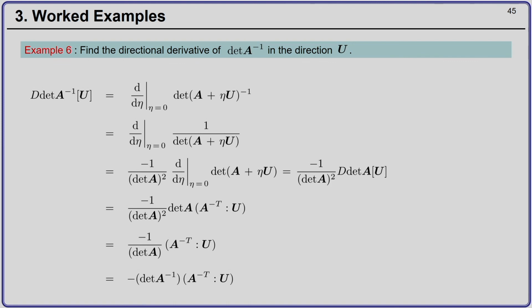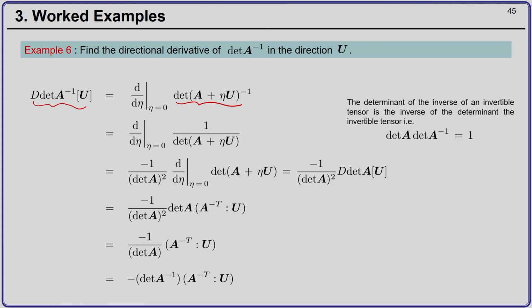Okay. So, we can write the directional derivative, that is we want to find out the directional derivative of determinant of A inverse in the direction u, which is nothing but d by d eta evaluated at eta equal to 0 of determinant of (A plus eta u) the whole inverse. Okay. Now, we know that the determinant of the inverse of an invertible tensor is the inverse of the determinant of the invertible tensor, that is determinant of A into determinant of A inverse is 1.